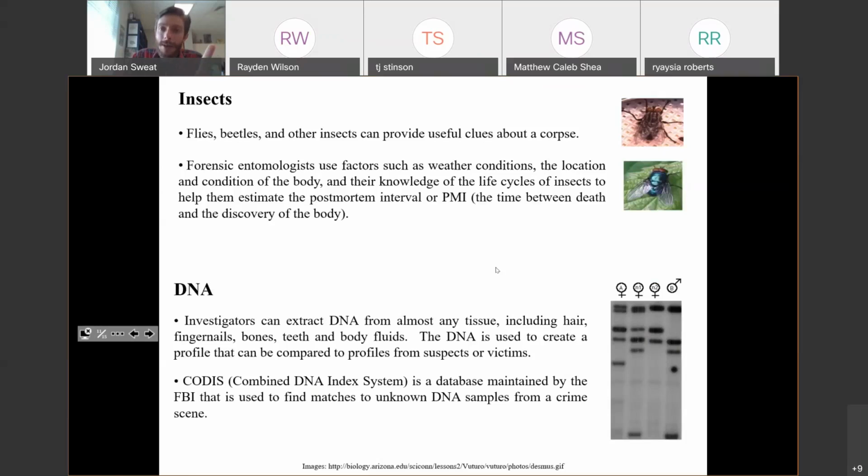It's DNA, not fingerprints. Your DNA will stay in that system. Sorry, I got caught off track, but CODIS is the DNA index system, a database maintained by the FBI, and it helps us link DNA samples from crimes to specific victims or specific suspects.